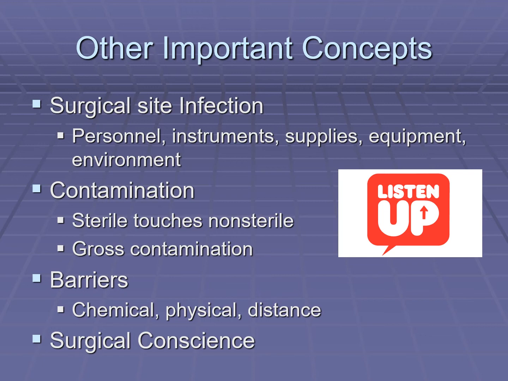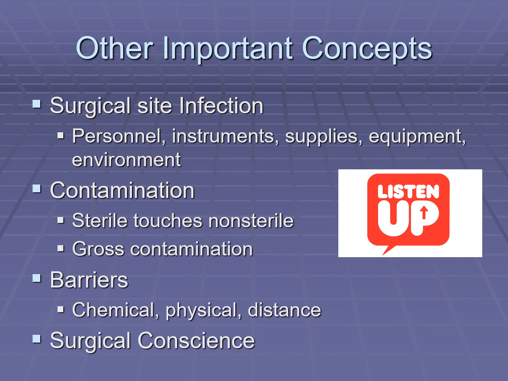When we talk about contamination, we're talking about when something sterile becomes not sterile. Maybe it comes into contact with an item that isn't sterile. Remember, if sterile touches non-sterile, then we refer to that as a contamination.